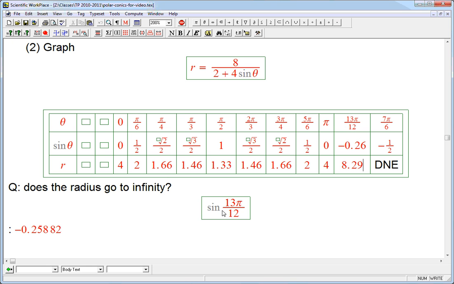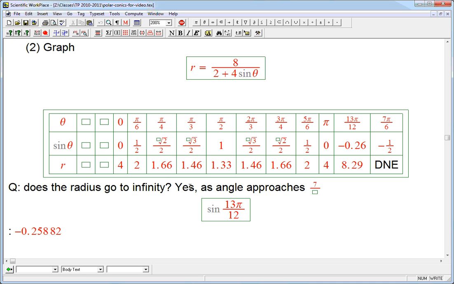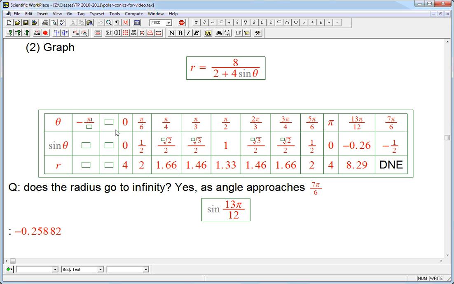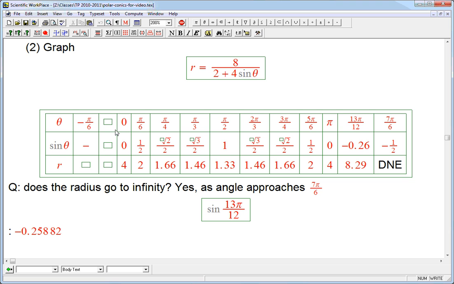So it's getting bigger. And as this number changes from 0 to minus 0.26 to minus 1/2, this denominator is going to get smaller. The whole thing's going to get bigger. So yes, the radius will go to infinity as the angle approaches 7π/6. Similarly, if I went backwards to -π/6, I'm going to have the same problem. -1/2, that's going to be DNE.